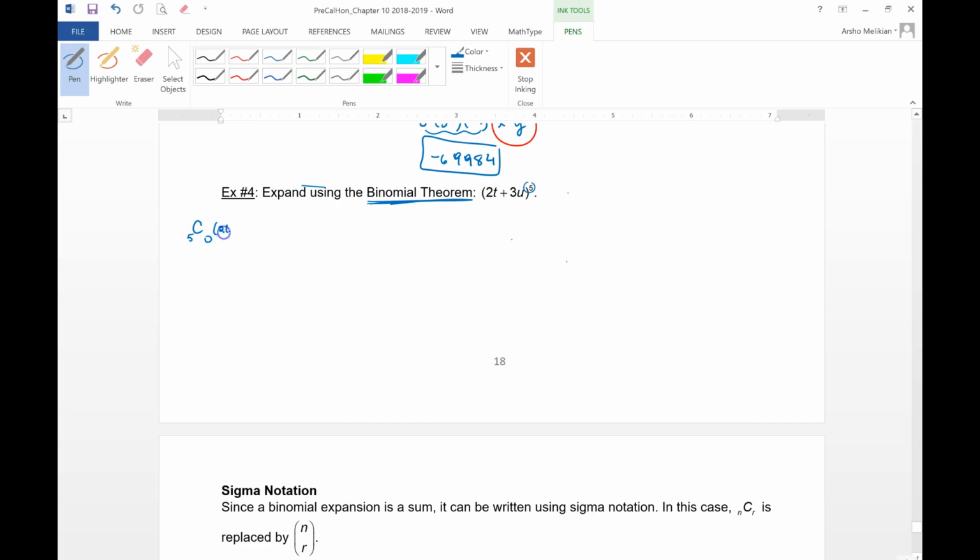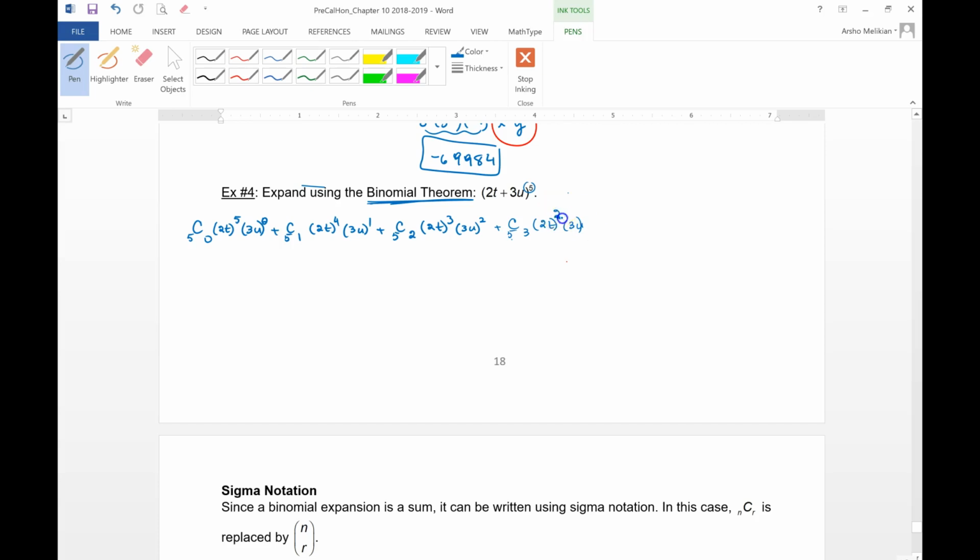So here I have (2t)^5 (3u)^0, plus C(5,1) (2t)^4 (3u)^1, C(5,2) (2t)^3 (3u)^2, plus C(5,3) (2t)^2 (3u)^3, oops, this way.